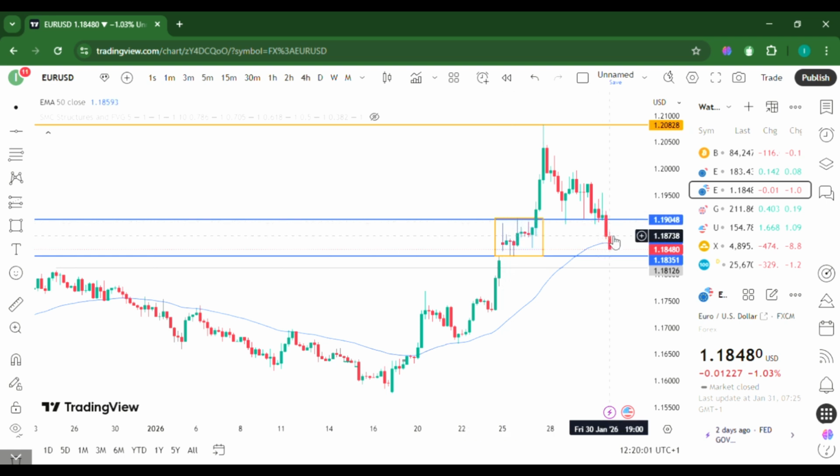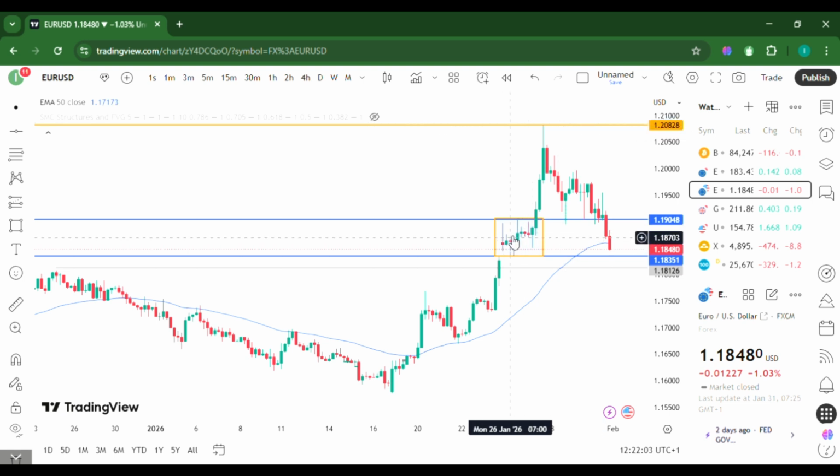Price was actually consolidating below 1.19048. So this is the trap. Price spiked aggressively to the upside to hit 1.20828, thereby breaking out to buy into this new resistance zone.